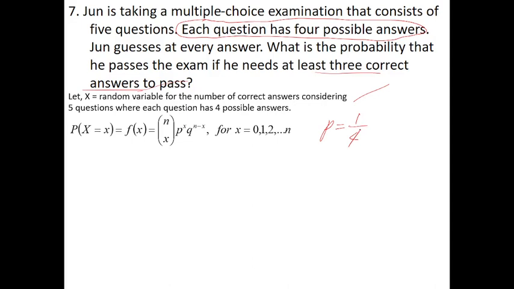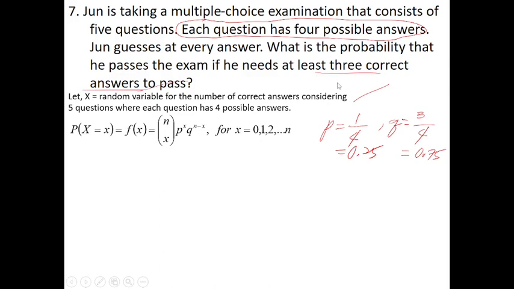Okay, 1 out of 4 is the chance that the correct answer will be obtained. How about the probability that June will not get the answer in every question? That's 3/4, right? That is 3/4, 0.75 in every question. And 0.25 in every question that June will get the correct answer.